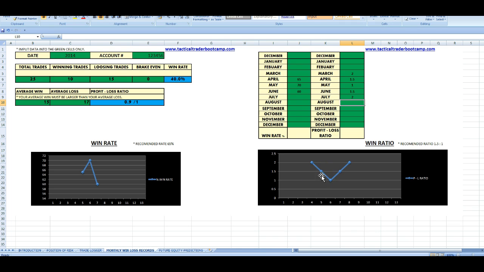For every 1 pip you risk, if you're gaining 2 pips, that's a 2 to 1 ratio, or if you're risking 10 pips and collecting 15 in profit, that's a 1.5 profit to loss ratio. Okay, so these are very, very key numbers for your trading styles. Same as your win rate. You can tell if your system is sloppy, or find out whether you need to change it or change something about yourself with your emotions or your money management.